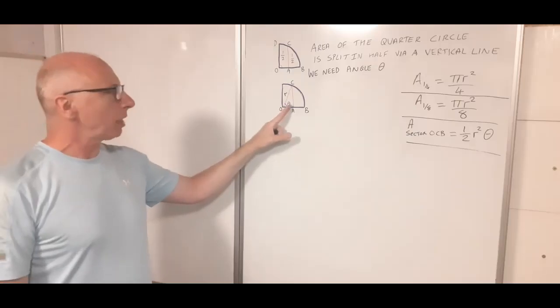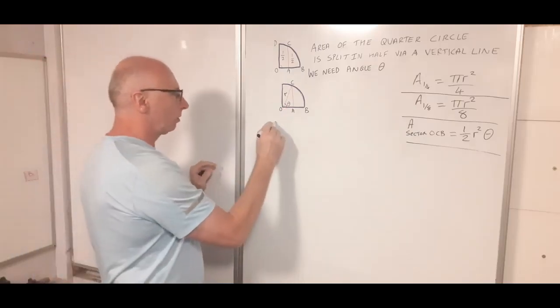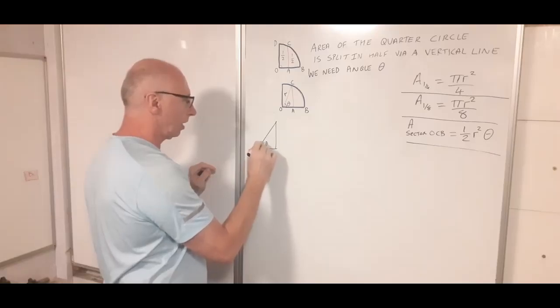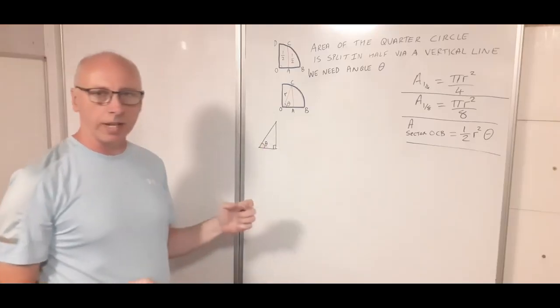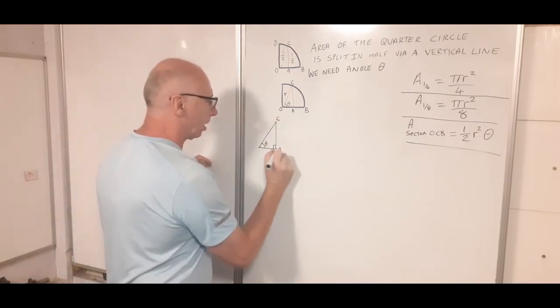Next thing to do is perhaps think about the area of this triangle. If I take out this triangle and just draw it here, I've got my angle theta and a right angle there. So we're into right angles, and that works well for us.